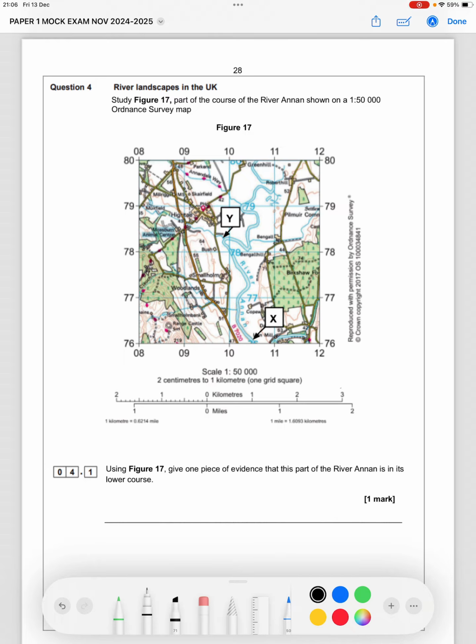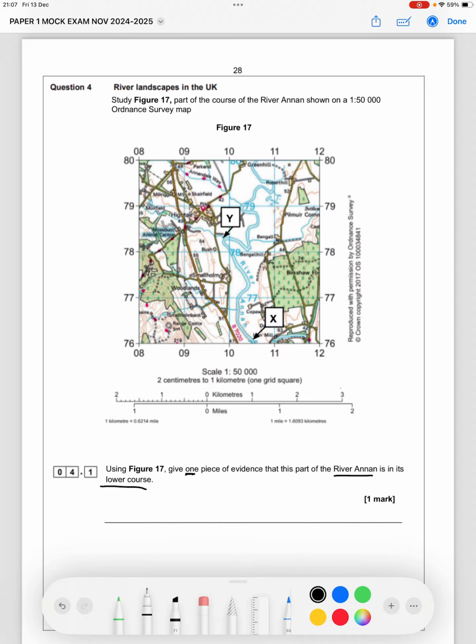So we have got figure 17, part of the river Annan, okay? So it says, 4.1, giving one piece of evidence that the river Annan is in its lower course, okay? Now, looking at the figure, there are a few points we could make.